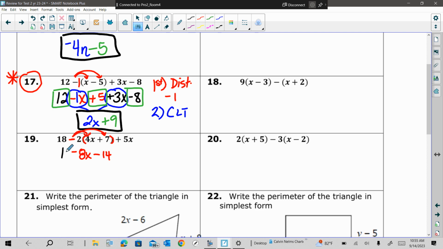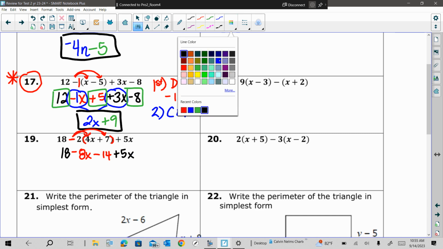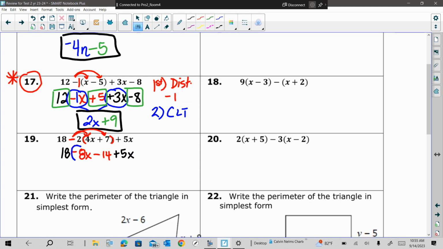We're going to keep everything else. We had an 18 in front of the expression, and then we have plus 5x in the back of the expression. So now combine our like terms. Negative 8x and positive 5x. If I combine a negative 8 plus 5, what does that become?